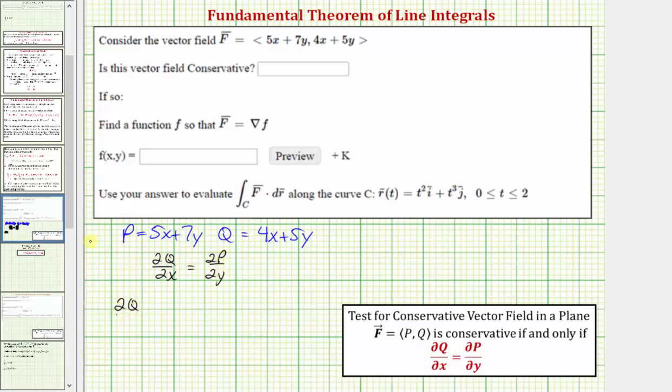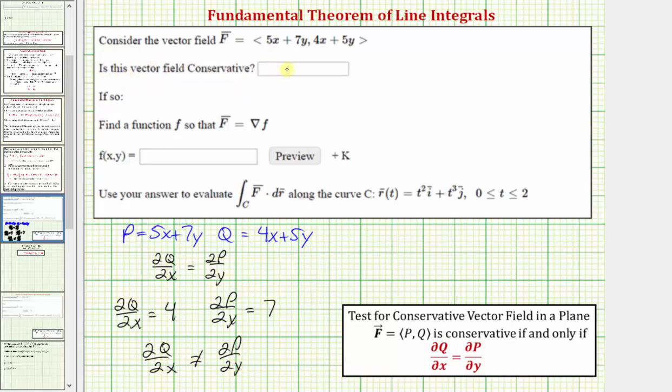Well, the partial of Q with respect to x is equal to the derivative of 4x plus 5y with respect to x, which would be 4 plus 0, or 4, and the partial of P with respect to y is equal to the derivative of 5x plus 7y with respect to y, which would be 0 plus 7, or 7. So notice in this case, the partial of Q with respect to x does not equal the partial of P with respect to y, which means the given vector field is not conservative.